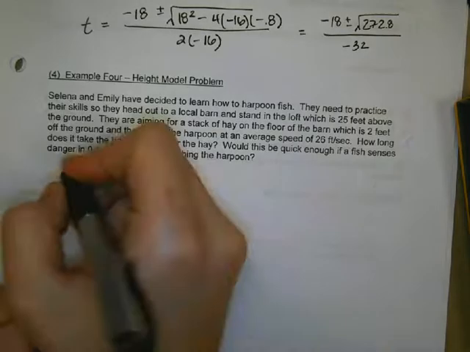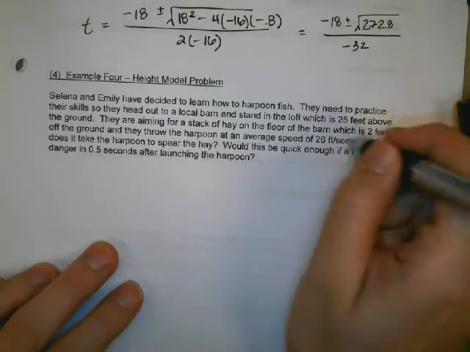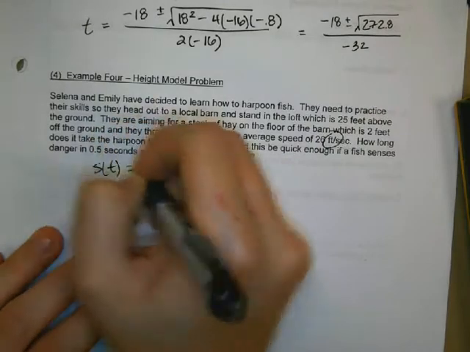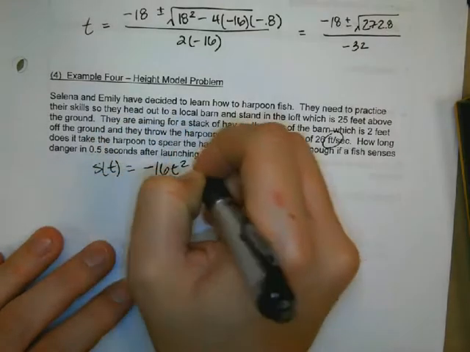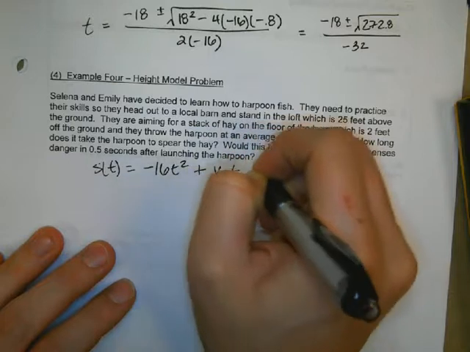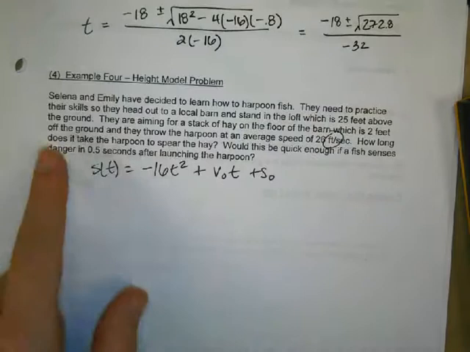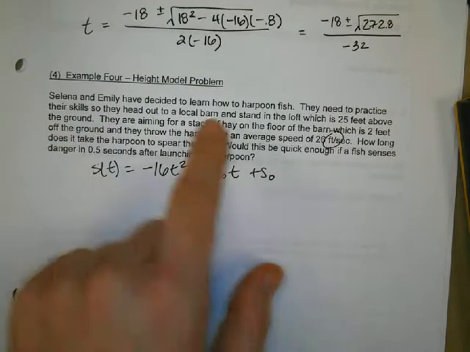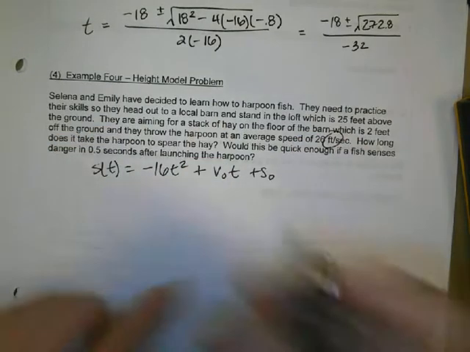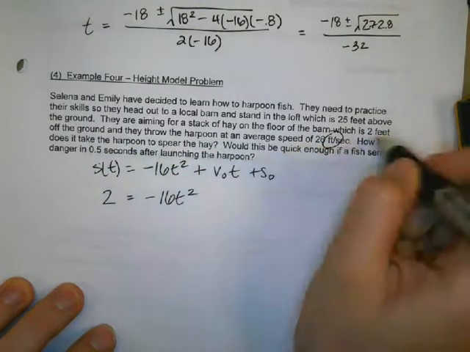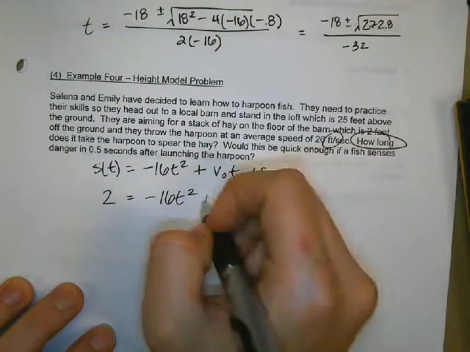Okay, so again, we know that we want to deal with the feet equation, so this is the one I'm going to write down. I'm going to plug in the information that I want. I want to hit the stack of hay on the floor of the barn that's 2 feet off the ground, so 2 is my desired height. I'm looking to see how long it's going to take, so I know I'm going to keep my t squared.